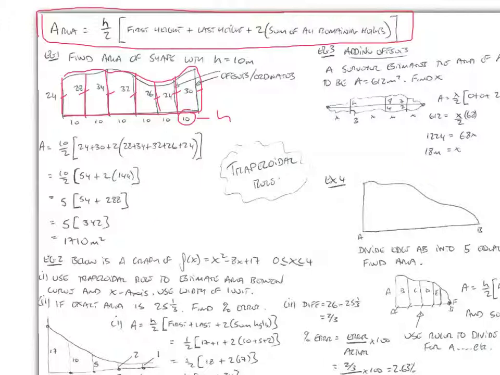And the formula tells us that the area is equal to this width dimension, remember these are all the same, divided by 2, all multiplied by the first height plus the last height plus 2 times the sum of all the remaining heights that we haven't accounted for.